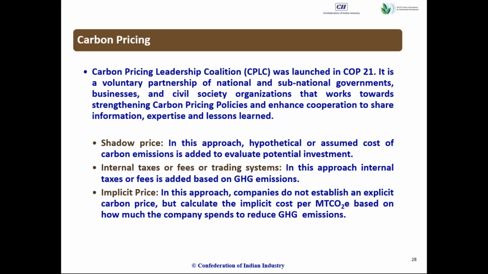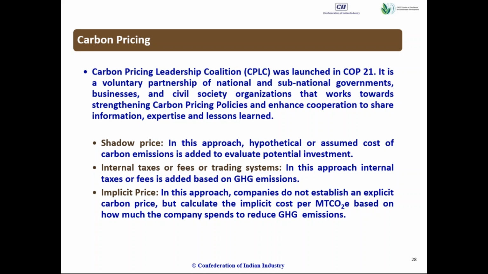So in the implicit price, the companies calculate how much cost they are incurring on reducing GHGs. For example, a company has some action plans on reducing GHGs. So how much cost would be there for implementing the action plans, and that cost they will calculate per ton of CO2. So that will be a carbon price. This implicit price is not a price as such.